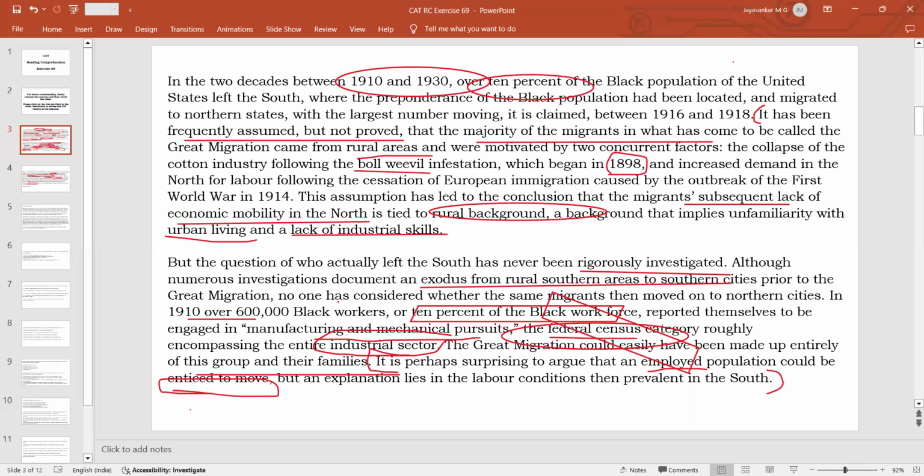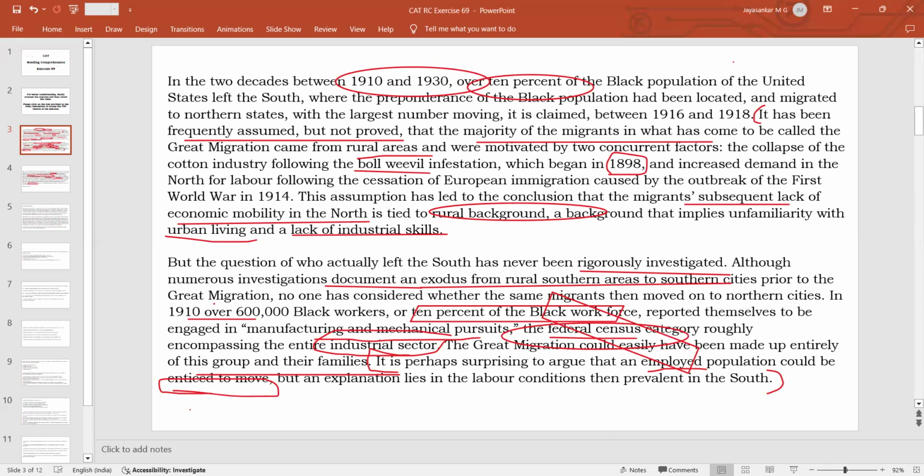Here it says numerous investigations document an exodus, so there is documentation regarding a mass migration of people from rural southern areas to southern cities. But what that document is, is not very clearly stated. So that's not a clear answer. Whereas here it says the federal census, or the government census, of 1910.